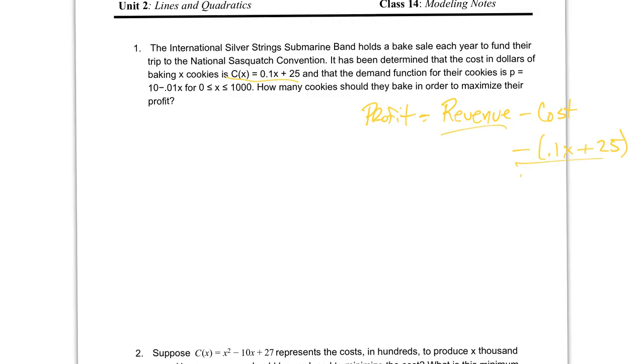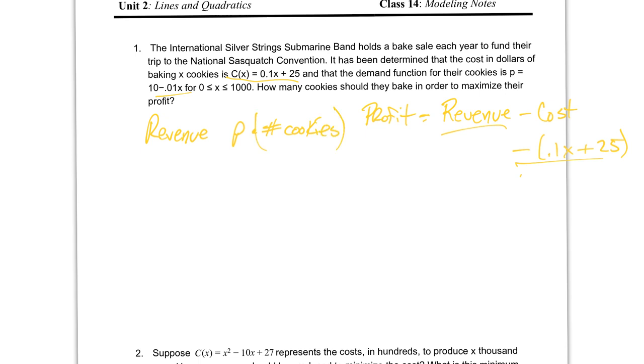But now we need to figure out, how do we calculate revenue? Well, we know the demand function, which is the price of our cookies based on how many we produce, is 10 minus 0.01x. But revenue is really price times the number of cookies we sell.